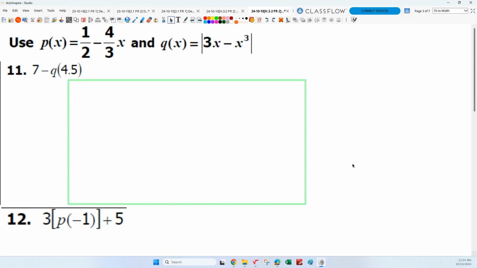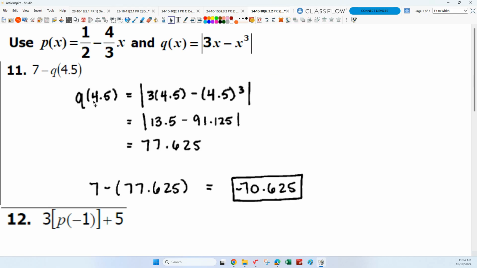And then what would I do here? Just to tell me, what would my process be on number 11? Okay, good. I need to figure out what is the output number, Q of 4.5, right? Step 1, and then just subtract that from 7.